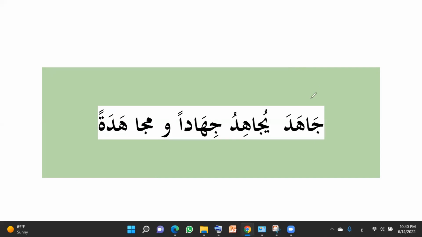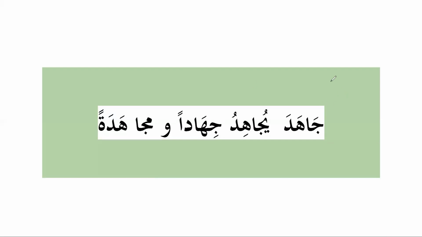The root letters we are taking are Ja, Ha, Da. Do you notice an extra alif? In between the first letter and second letter, the fa kalima and ain kalima, there is an alif. So this is Jahada, and this is the past tense, Jahada.